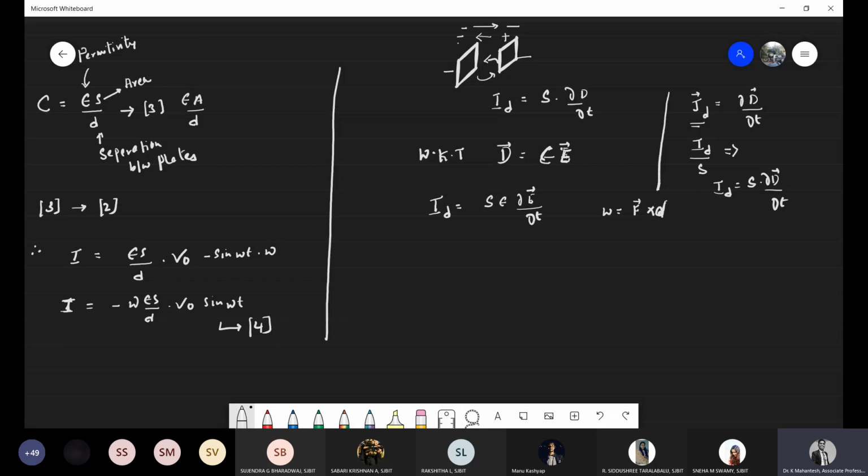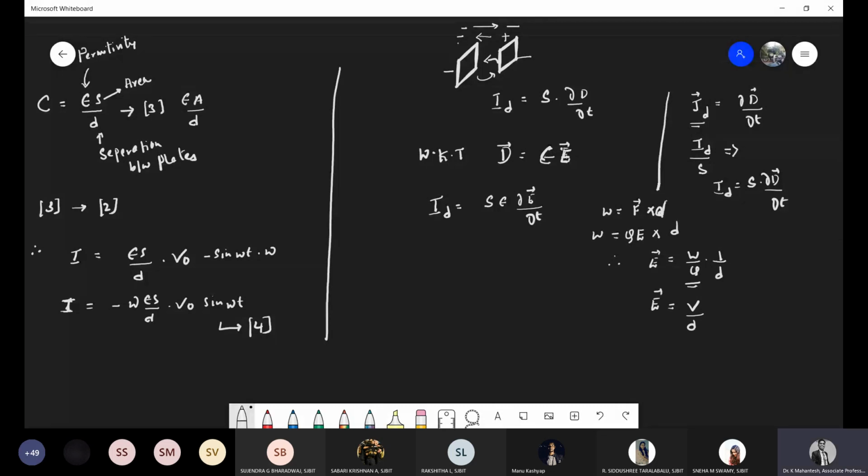But what is force? Force is equal to QE. Therefore, E is equal to W by Q into 1 over d. But what is W by Q? Work done per unit charge. It is potential. So E is V by d.